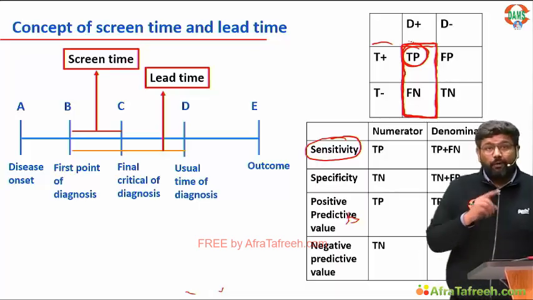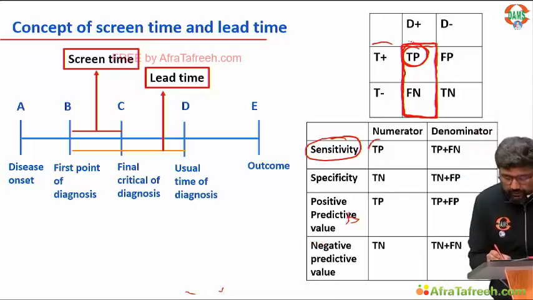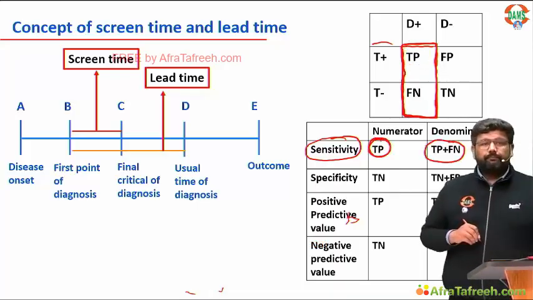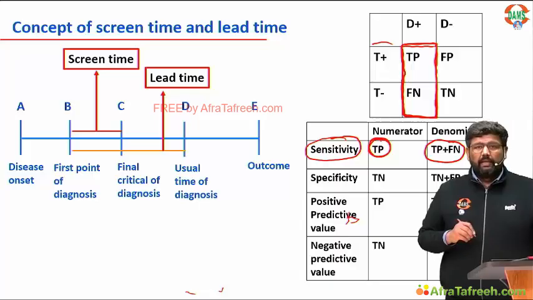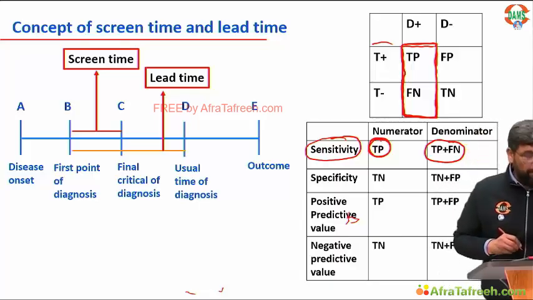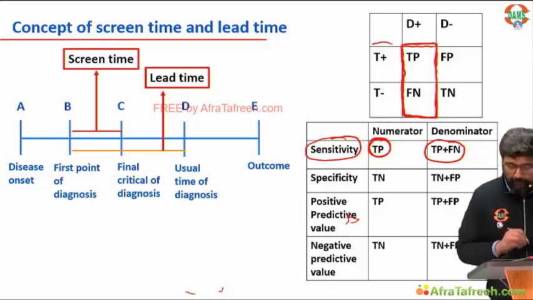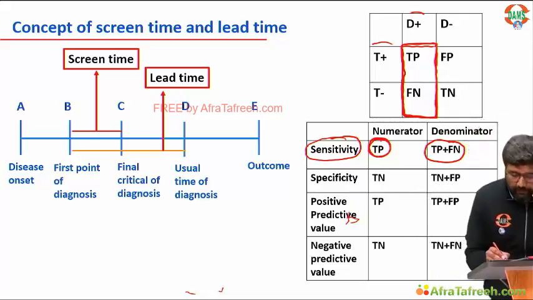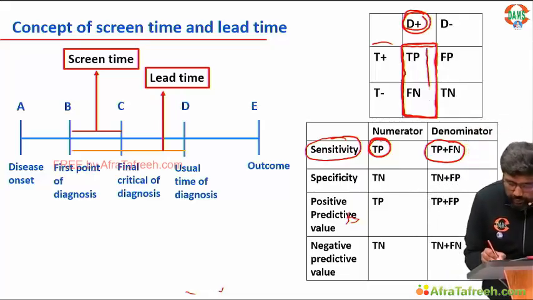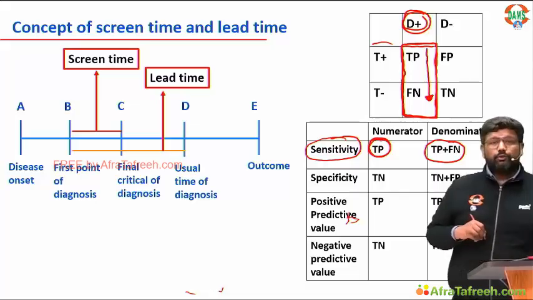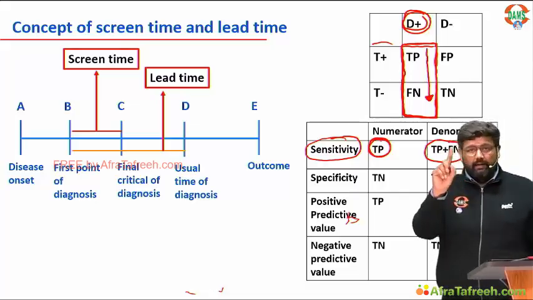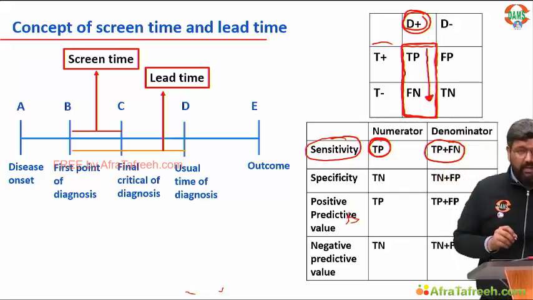The formula of sensitivity is true positive divided by TP plus FN. So these two are diseased. Okay, I'm repeating again. Listen, focus, guys.